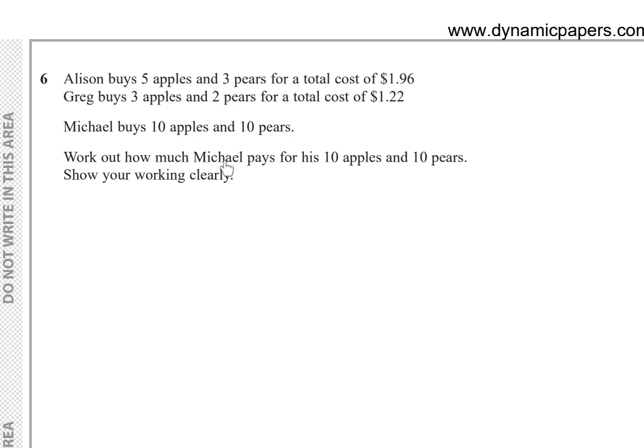Work out how much Michael pays for his 10 apples and 10 pears. To find the cost of each apple and each pear, from Alison, you can deduce that 5 apples, so you can write 5A, and 3 pears, so 3B equals 1.96.